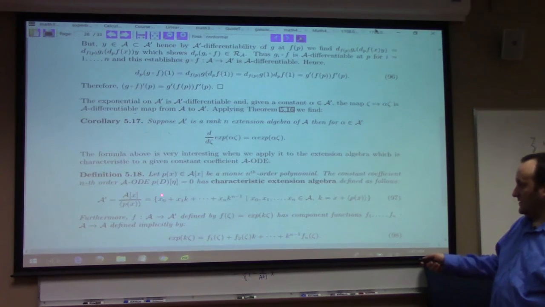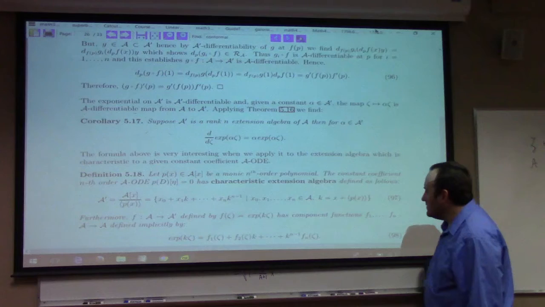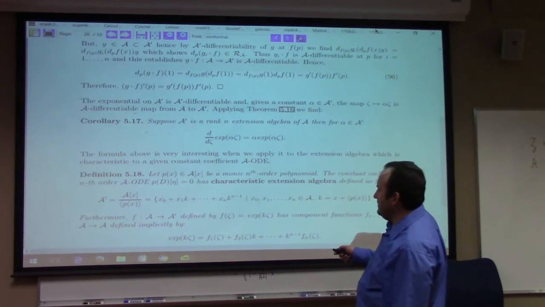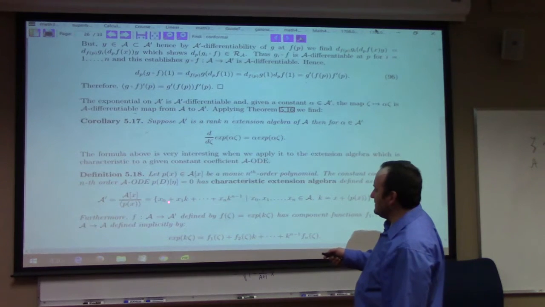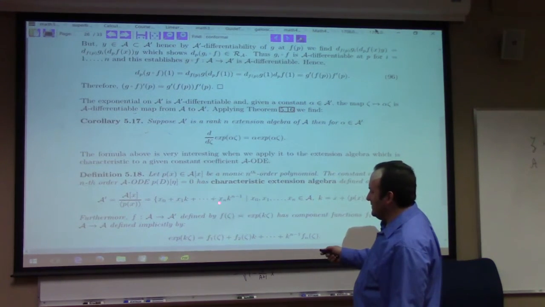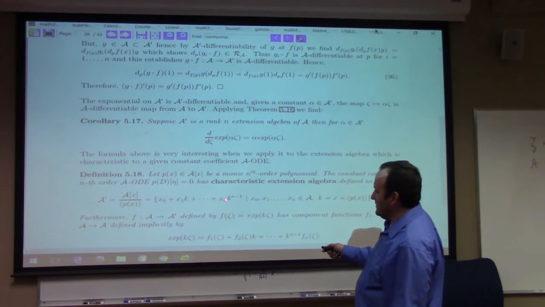So it's x0 plus x1 k and so on, plus xn k to the n minus 1. Maybe that should be n minus 1. My numbering's off here. Sad. I should do x1. Anyway, maybe that should be x1, that should be x2, that should be xn, or this has to be xn to the n minus 1.